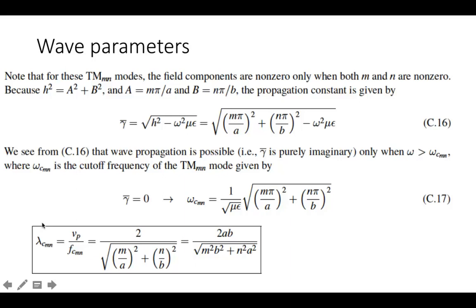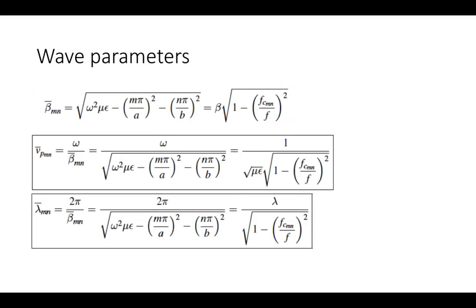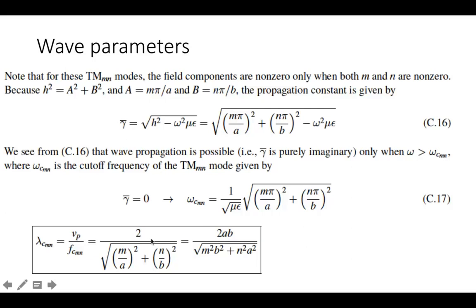You can also talk about a cutoff wavelength if you are working with wavelength instead of frequency, and that can be found by using the relationship between the wavelength, the frequency, and the phase velocity. When you do that, note that here we have switched from radians per second in this expression to hertz in this expression.